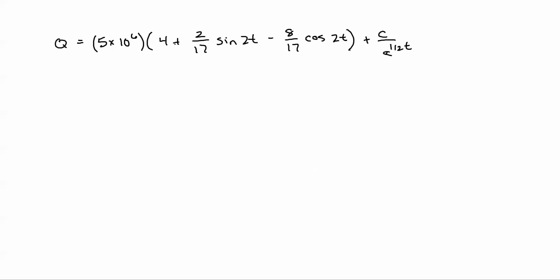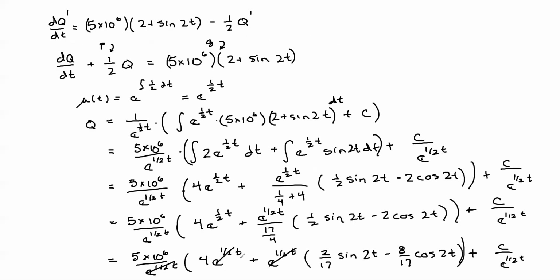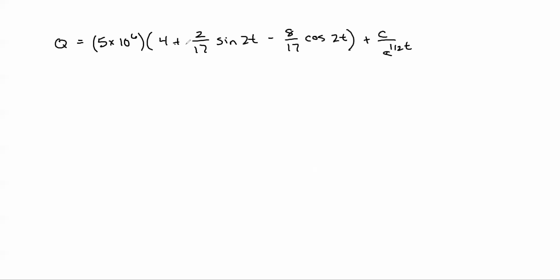Okay, so assuming I copied that down correctly, those cancel. We've got 4, 2/17 sine minus 8/17 cosine. 4, 2/17 minus 8/17. All right, looks good.